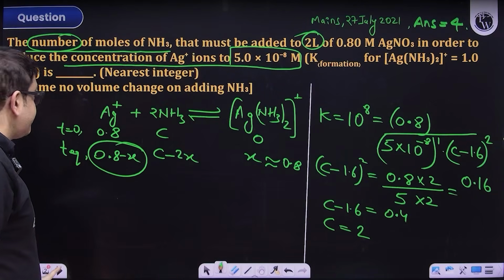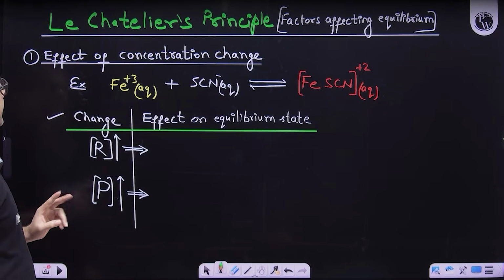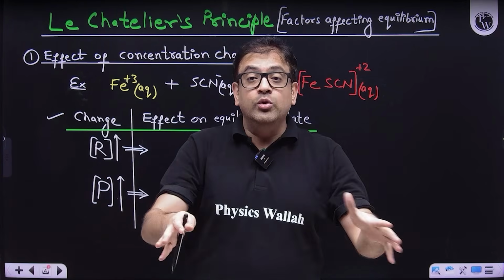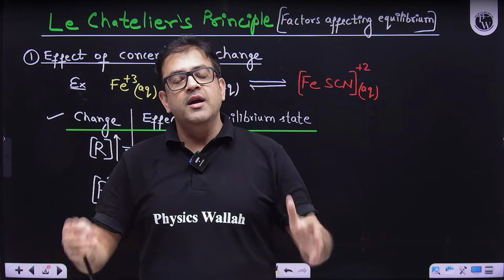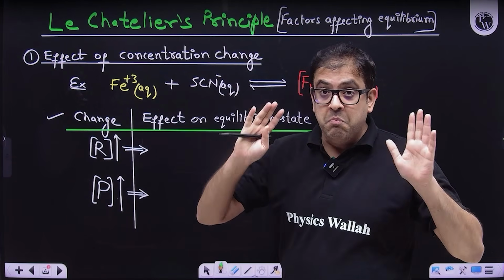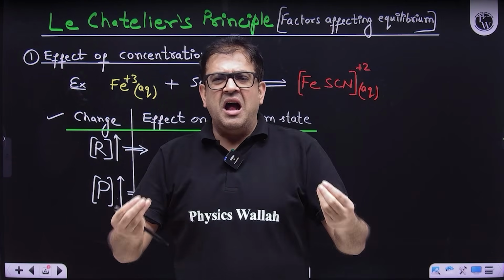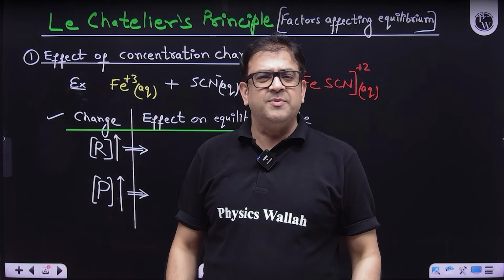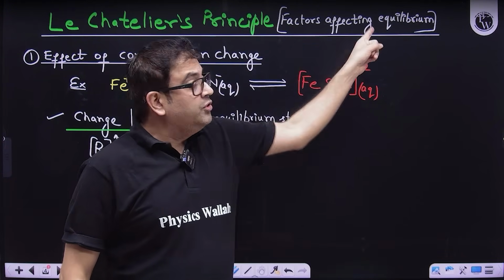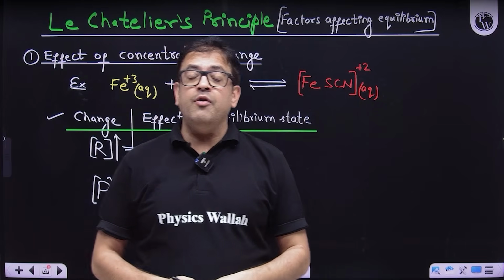Moving ahead. Now, going to the last part of chemical equilibrium, Le Chatelier's principle. It is very easy, and a lot of questions are framed just according to Le Chatelier's principle. What is it? What are the factors which can affect equilibrium?